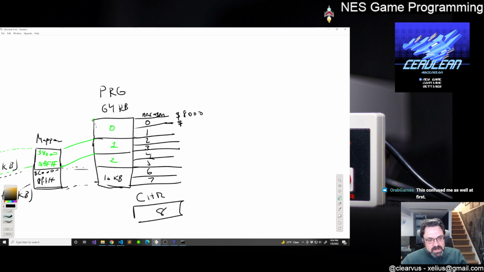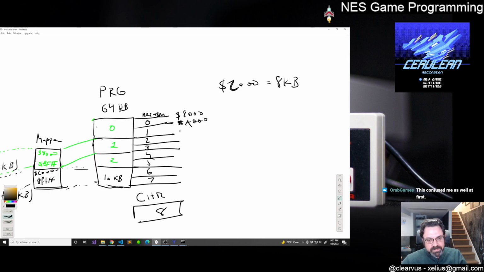So the first part of the mapper bank, which is the first bank, is 8000, and then the second bank, bank 1, which is really just the second half of bank 0, starts at A000 because 2000 in hex is 8K. So let me write that a little more clear because my handwriting sucks.